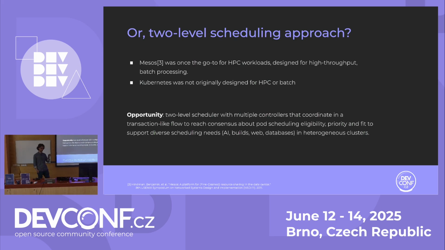Mesos is, or was, it's uncertain how much it's maintained today, an orchestrator that targeted batch workloads since the beginning. And it provided a two-level scheduler, way more complex than the Kubernetes one. There is a global scheduler in Mesos that manages the resources and that has the responsibility of offering these resources to local schedulers.